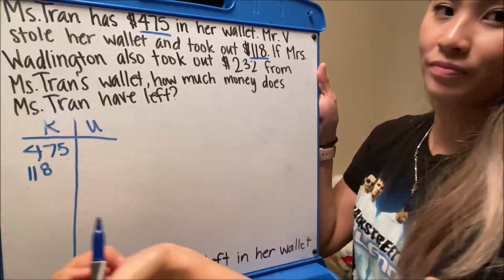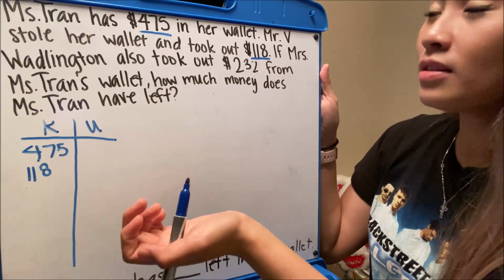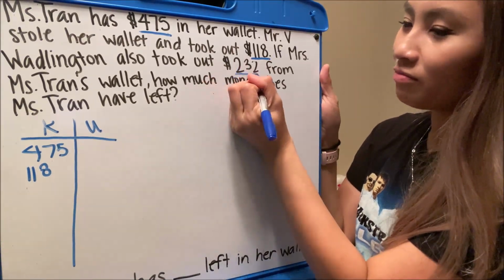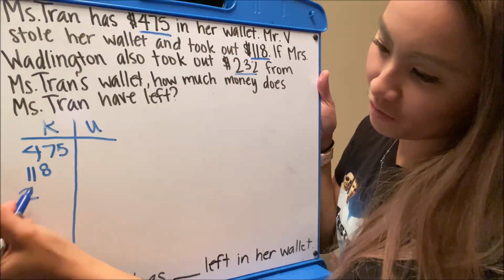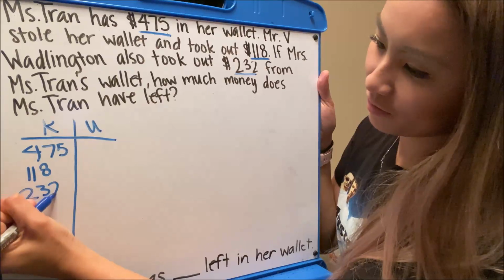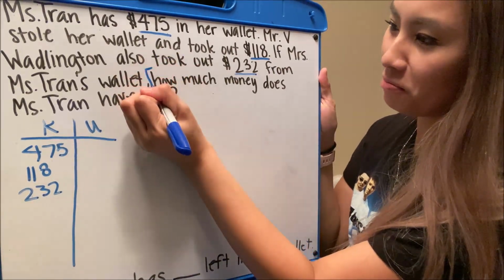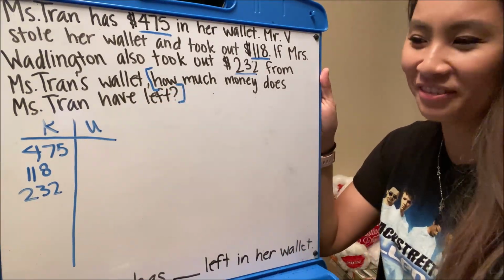And then Mrs. Wallington also took my wallet and took $232 from me. So, what's the unknown? What are we trying to find? We're trying to find out how much money I have left.